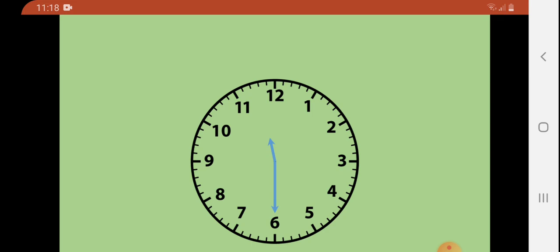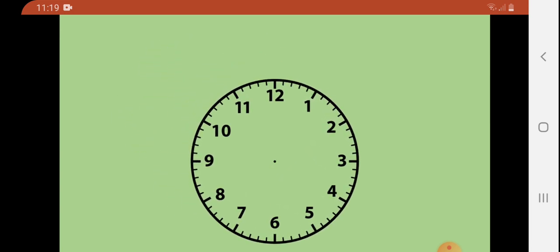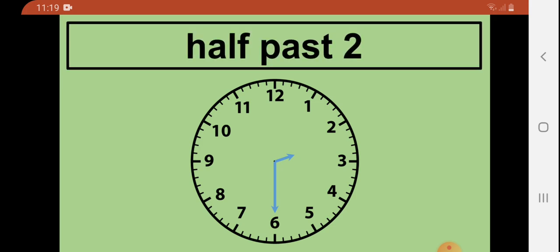Half past 6. Excuse me, 11:30. The shorter hand is between 11 and 12, and the longer hand is facing 6. Therefore, it must be 11:30. This is the time when school finishes and you're sent home. Right, 2:30.